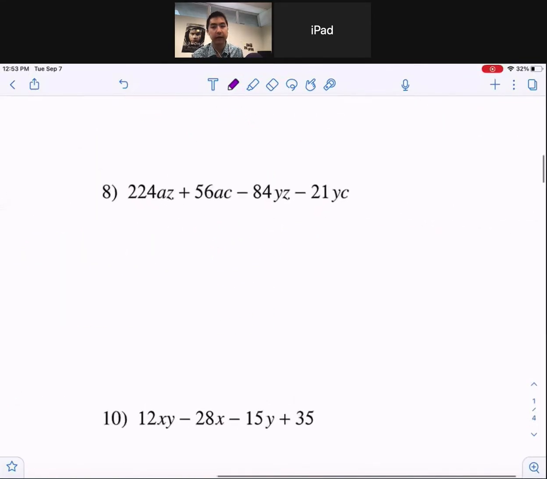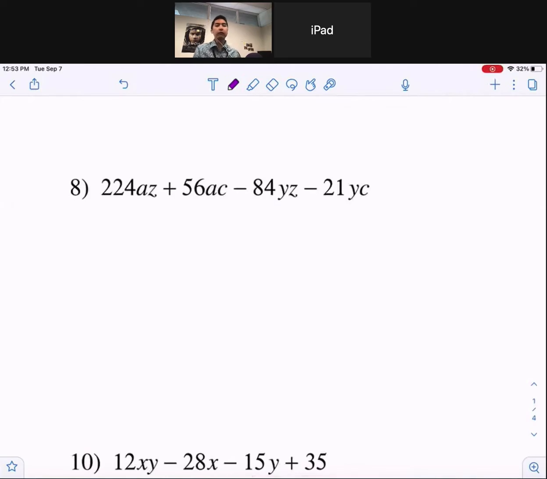I'll take a look at 8. Once you guys get to these ones, these are more of the challenging ones, so don't stress too much about it. If you have questions, ask in class. For this one, it's hard, but a 7 can factor out from each term.